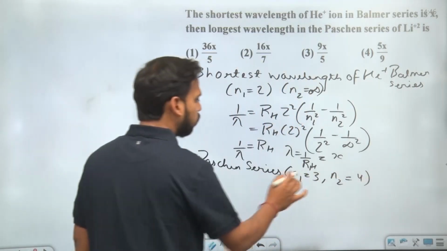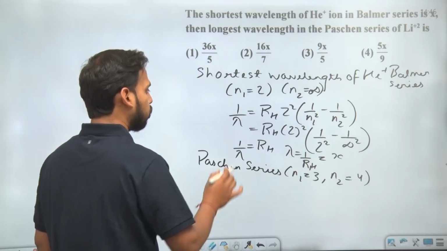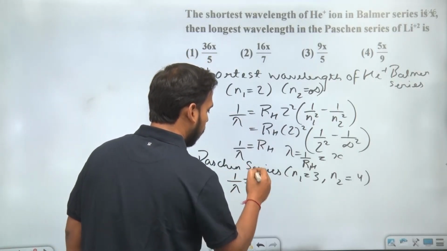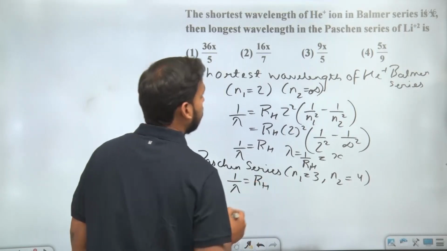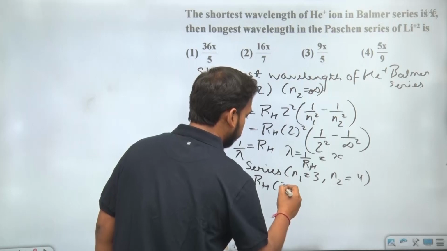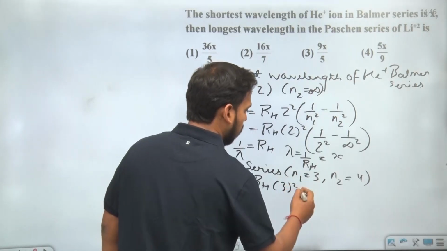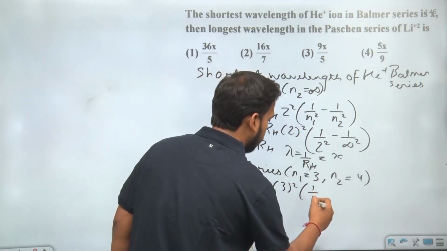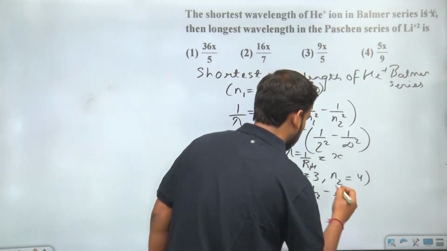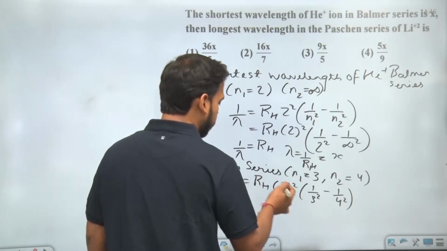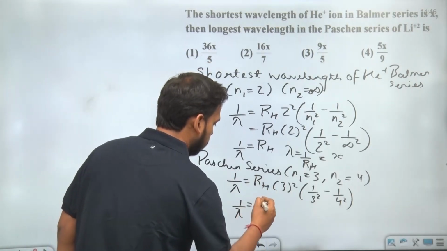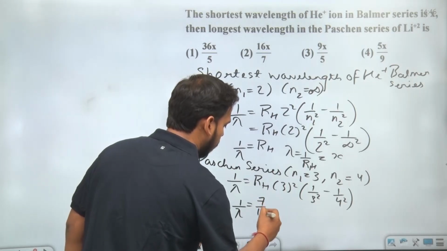The same formula we have to apply: 1 upon lambda equals RH, and for lithium plus 2, it will be 3 square times 1 upon 3 square minus 1 upon 4 square. When we calculate this, we get 1 upon lambda equals 7 upon 16 of RH.